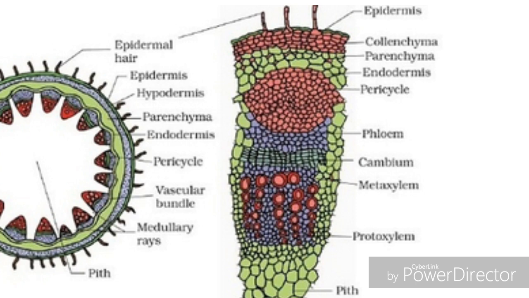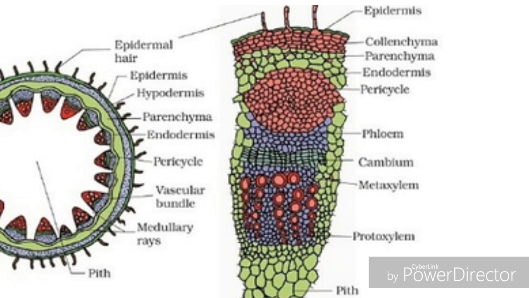A stem mainly supports the transport of water, mineral salts, and food material. In addition to that, stem plays an important role in the development of lateral branches. A stem supports the growth of lateral branches. So concerning that, different types of tissues like parenchyma, collenchyma, sclerenchyma, chlorenchyma, all these tissues will be seen here.